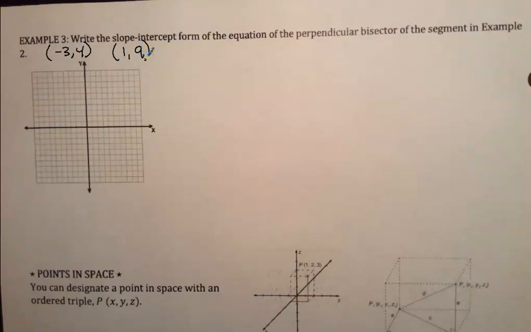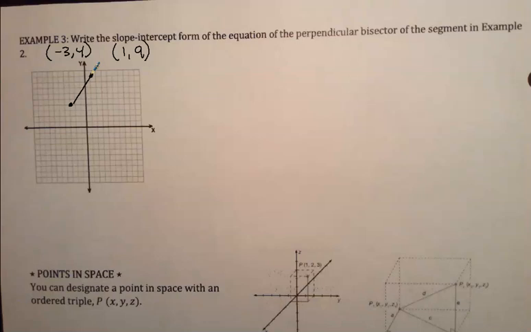And we could even graph those to help us out. So 1, 2, 3, 4, 5, 6, 7, 8, 9. And -3, 4. 1, 2, 3. 1, 2, 3, 4. And we can graph the segment.